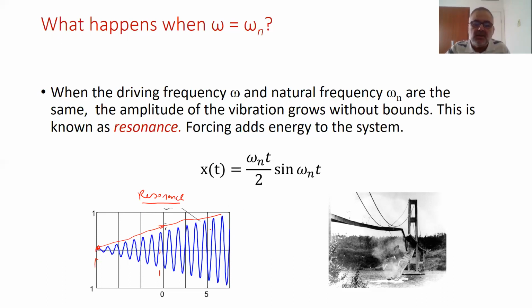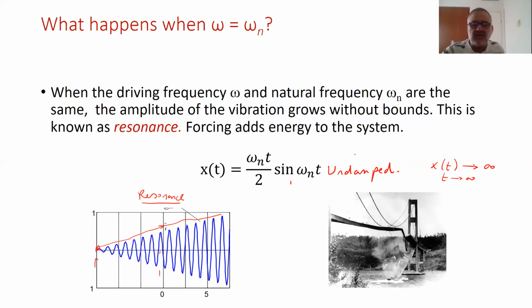And at some point, the system is going to break down if it's a physical system. So for the resonance of an undamped system, remember that this is the undamped solution. If there is damping, this doesn't happen, but the amplitude can grow to a very large value. But for an undamped system, it just grows to infinity. So x of t goes to infinity as t goes to infinity.